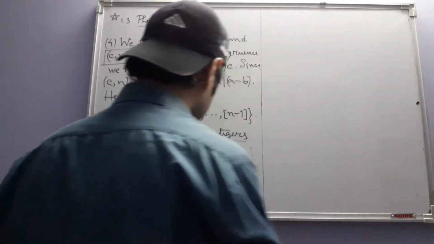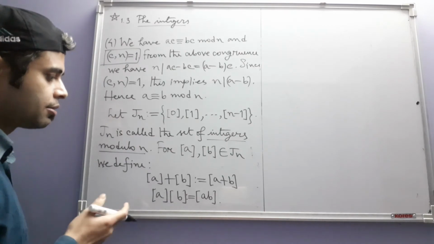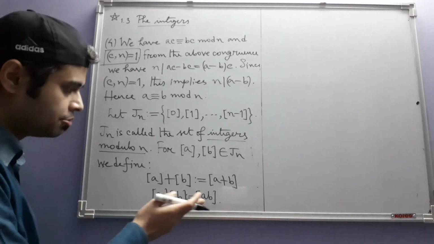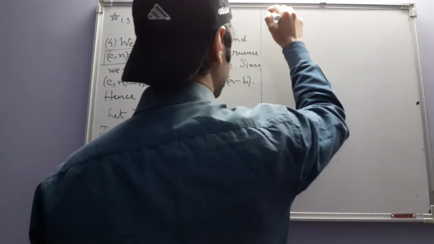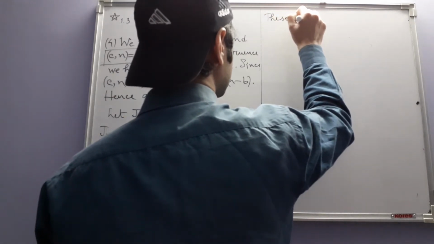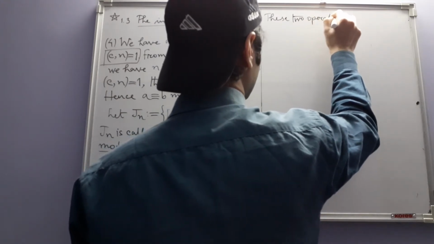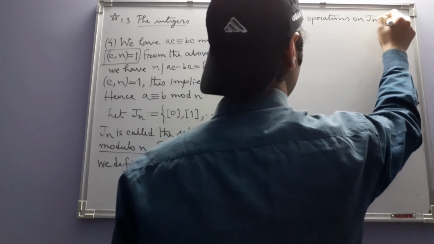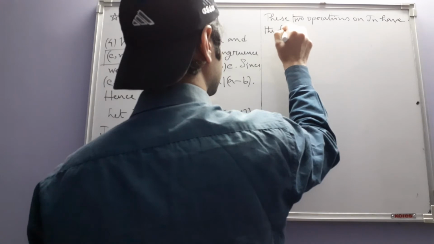Now let's look at some of the properties that these two operations have. And they are what we already expect them to have, that is, the usual commutative and associative laws. So let's just list them. These two operations on Jn have the following properties.